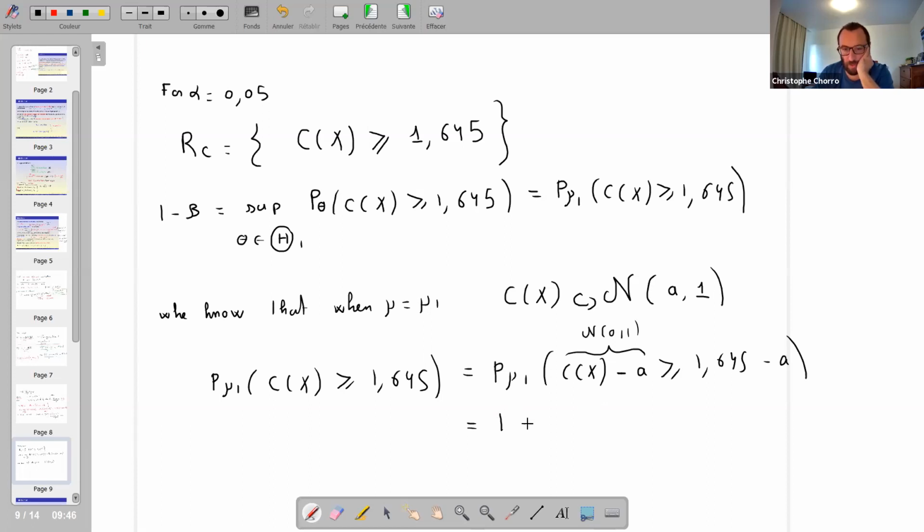And it's 1 minus the probability that my N(0,1) is less than 1.645 minus A.